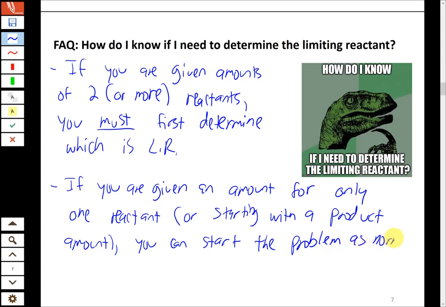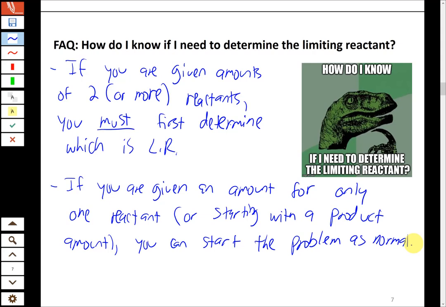All right, so it requires, again, a little bit of practice and a little bit of familiarizing yourselves with how these different problems are set up. But the first thing you need to do is look at the problem and say, okay, do I know the amounts of 2 or more reactants? If that is true, then you have to figure out which of those is the limiting reactant. If we only give you the amount for one reactant, and we explicitly say that other reactants are in excess, we don't give you their amounts.